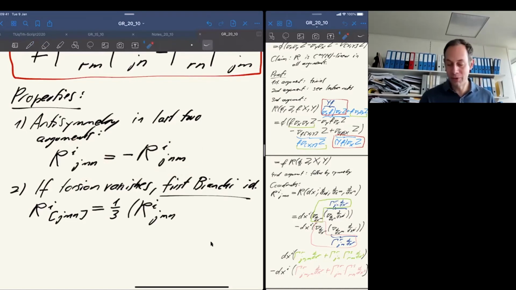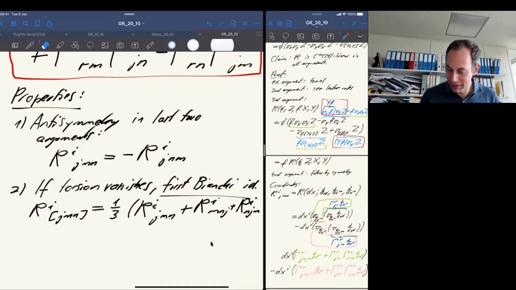Or I could equally well write it with a minus because it's just equal. So in other words, instead of writing all 6 terms, I can only write 3 terms, which are the 3 cyclic permutations. So in this case, R_{IMNJ} plus R_{INJM}.